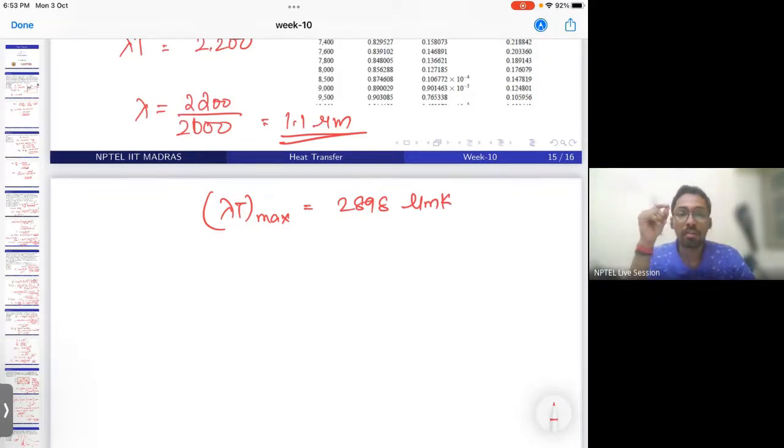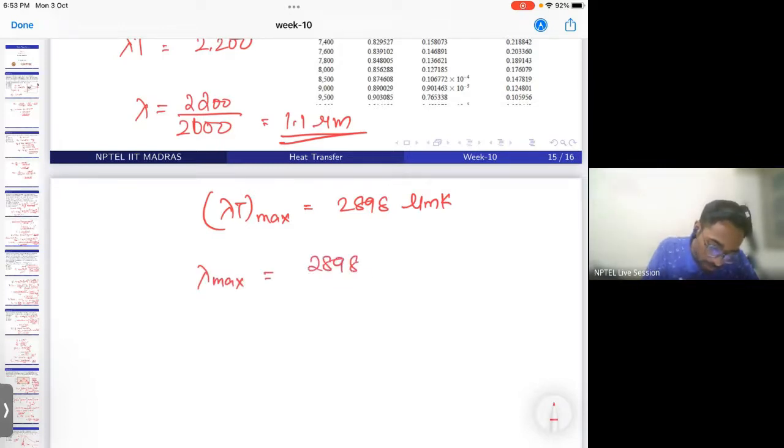It gives the wavelength at which the maximum emission occurs. So lambda max is 2898 divided by 2000. The answer will come out to be 1.45 micrometer.